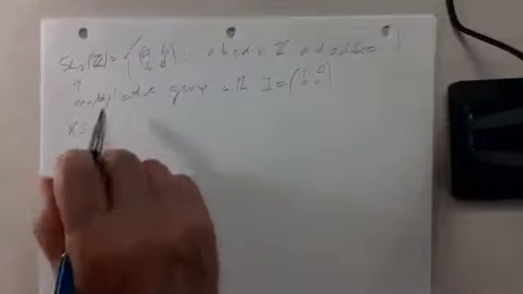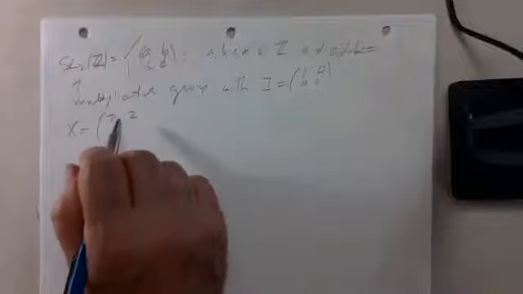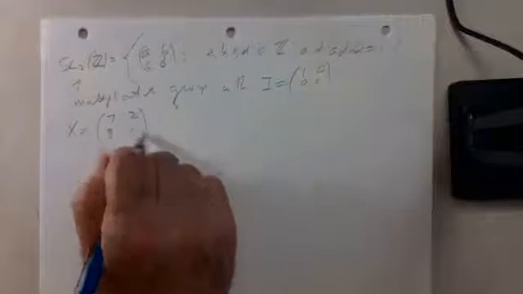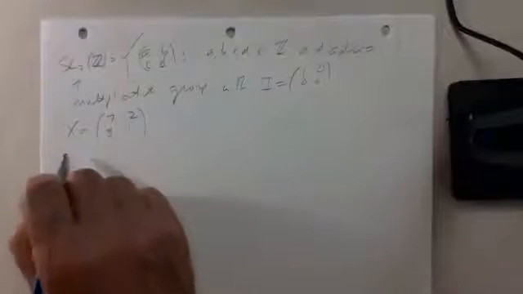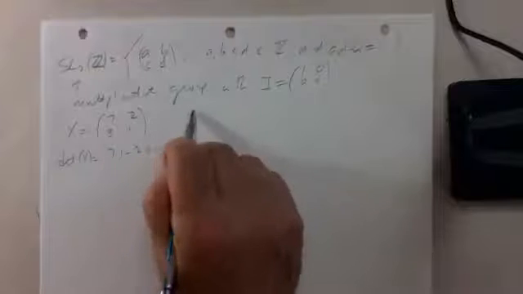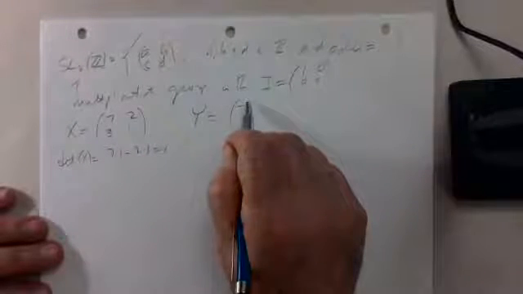Suppose I take some matrix X, like 7, 2, 3, 1. So for this matrix, the determinant, 7 times 1 minus 2 times 3, is 1. So X is in this set. What's another matrix in this set? I don't know.